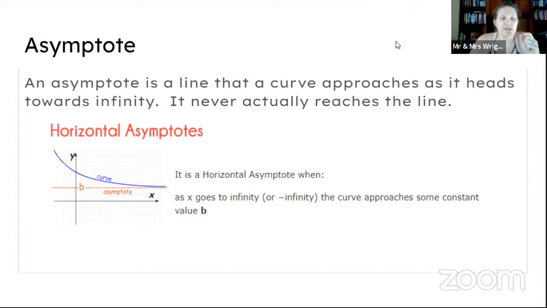However, it can change based on our transformations and how we transform the equation. So as this decay curve is getting closer and closer to this asymptote, it never is able to touch it. So that's what an asymptote is.